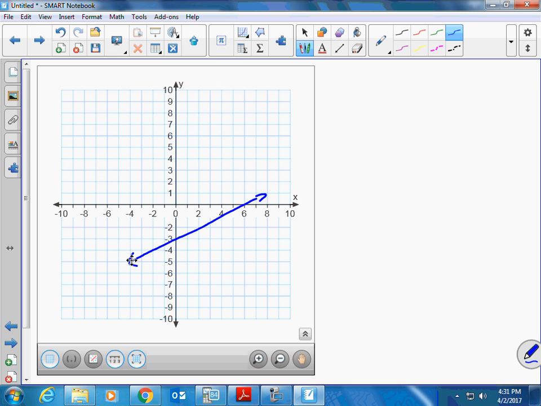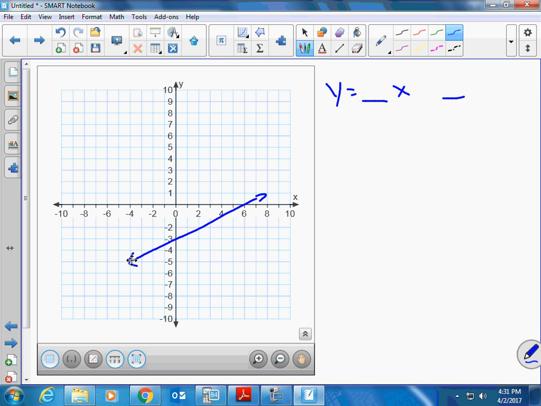Again, remember, at any point in time, you can hit pause so that you can try the problem before I explain it. Think about your equation and how we just graphed that last problem. I need to fill in for my m, and I need to fill in for my b. What is my slope and what is my y-intercept? It doesn't matter in this case which one you do first.